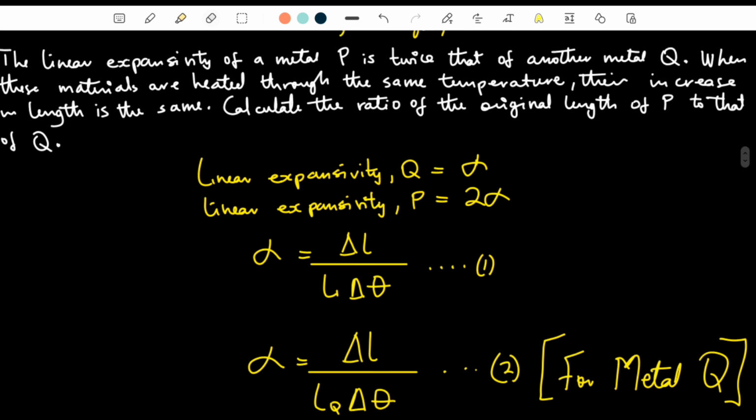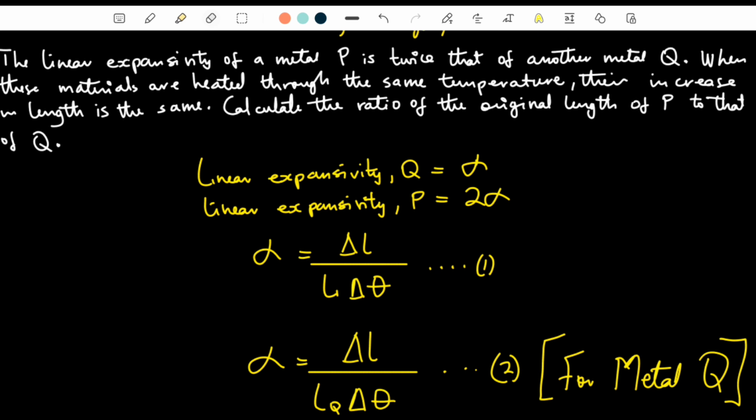It says the linear expansivity of a metal P is twice that of another metal Q. When these materials are heated through the same temperature, note that, through the same temperature, their increase in length is the same.